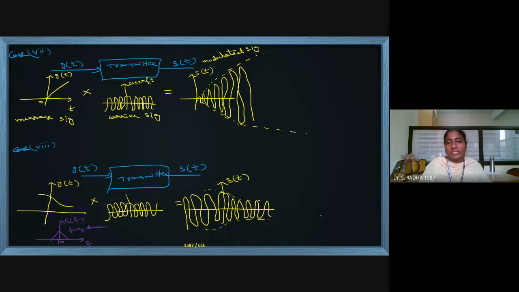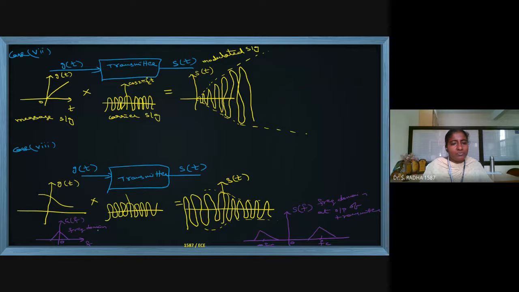So at the output of transmitter, what will happen? The triangle will be shifted to plus fc and minus fc. This is the origin, and this is S of f, the modulated signal spectrum. This is the frequency domain at output of transmitter.